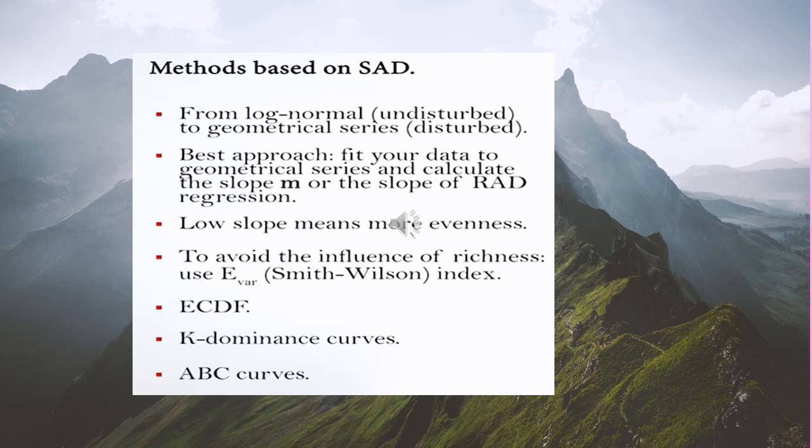ABC curves are based on the distribution of abundances and biomass. We use the ABC curve to analyze the impacts on biodiversity, because biomass grows in a different way with respect to abundance when the site is disturbed or not.